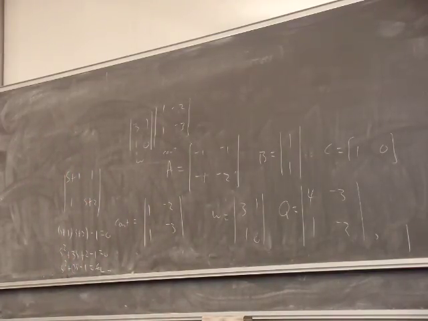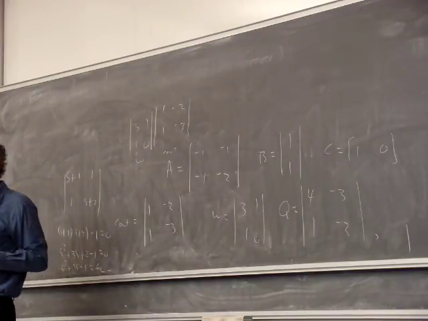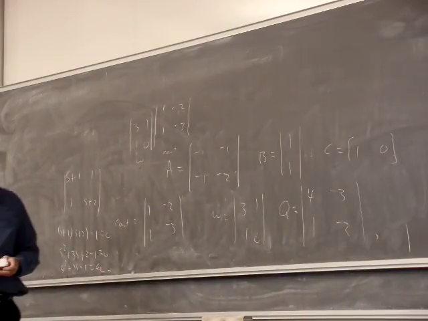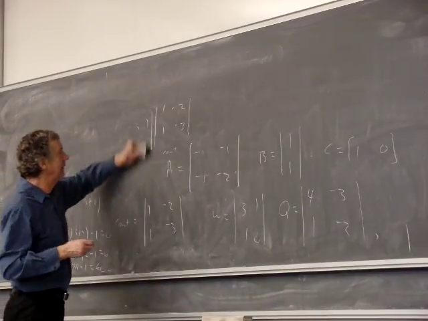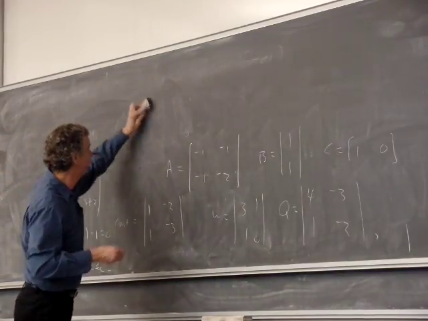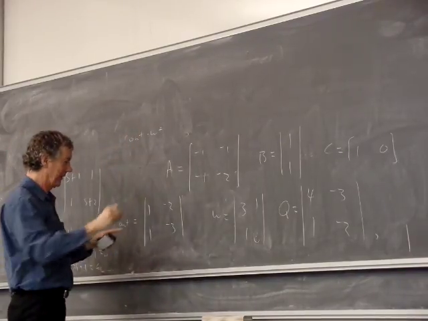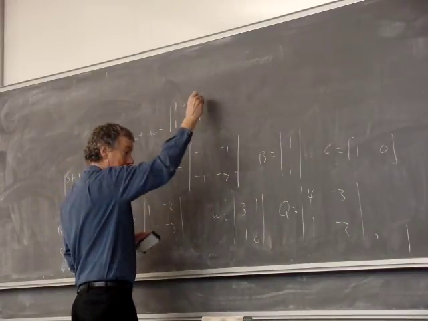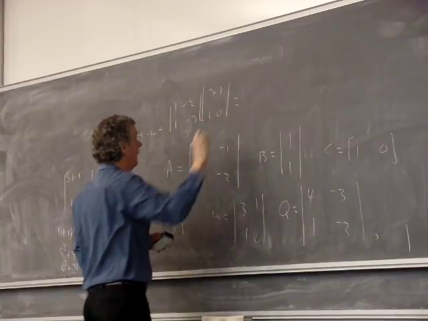I'm sorry, should it be the other way since we're going to controllable form? Is it W times control or control times W? Control times W. All right, that's what I have to know. So control times W. Minus 2, minus 3, 3, 1, 0.